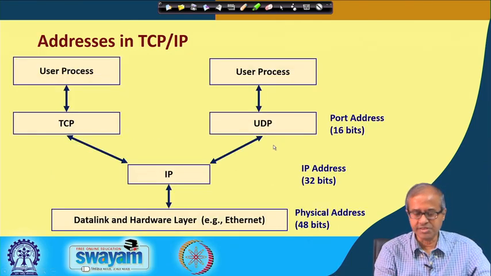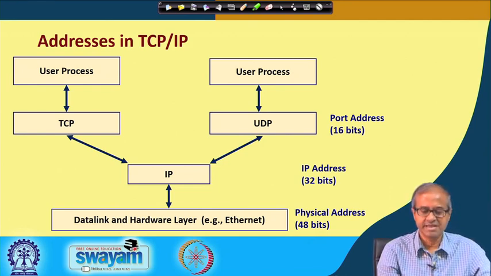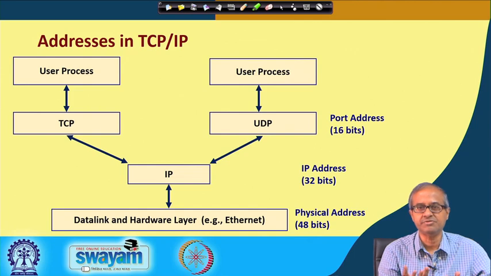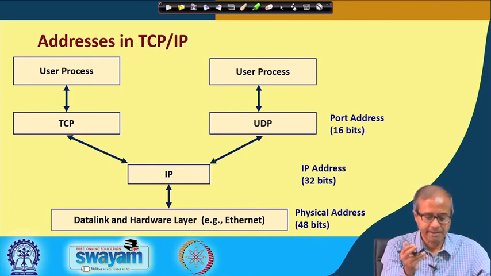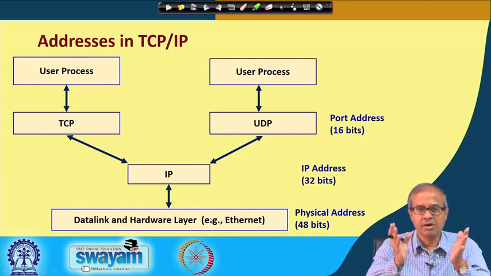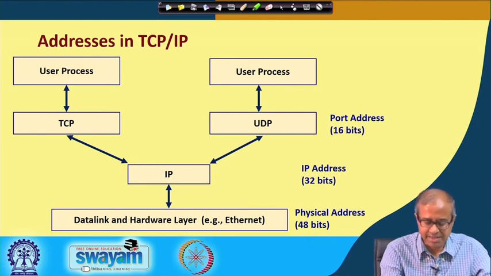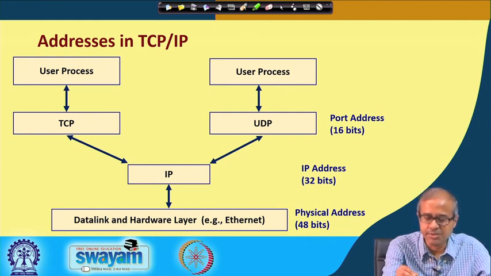Now, the point to note is that in this simplified TCP/IP, these 3 layers, there are several addresses which come into play. At the lowest layer, the hardware layer, most commonly we see something called Ethernet networks, that is there at the physical layer level in our local area networks. So, at the lowest layer, this is the most common kind of network we encounter. It is called Ethernet.